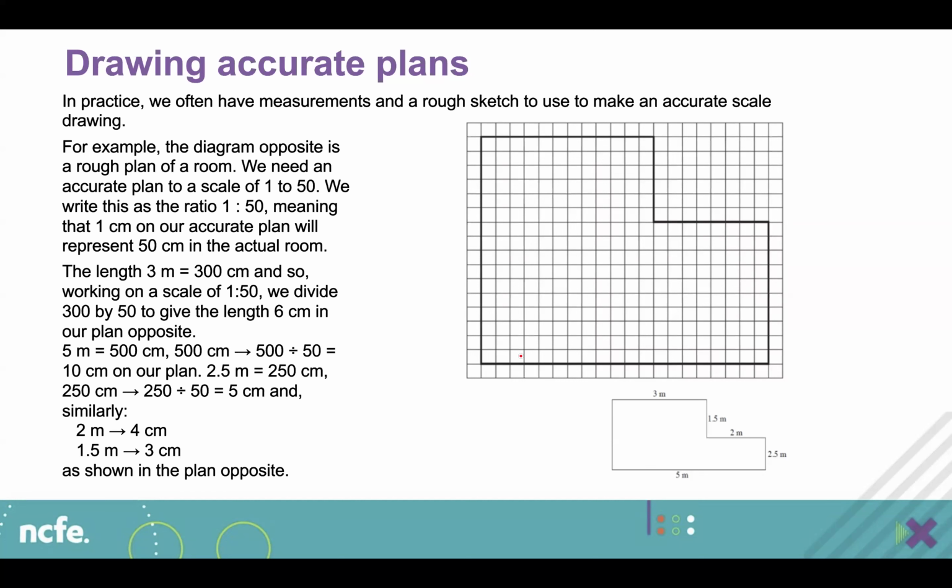So 5 meters equals 500 centimeters, so 500 divided by 50 equals 10 centimeters on our plan. 2.5 meters equals 250 centimeters divided by 50, which equals 5 centimeters. Similarly, 2 meters is 4 centimeters, and 1.5 is 3 centimeters, as shown in the plan opposite.